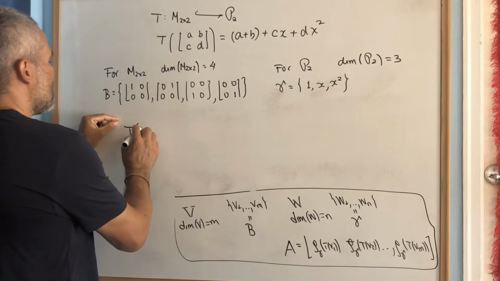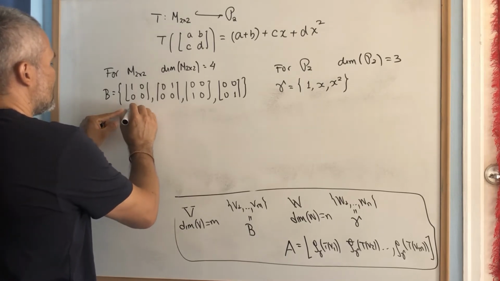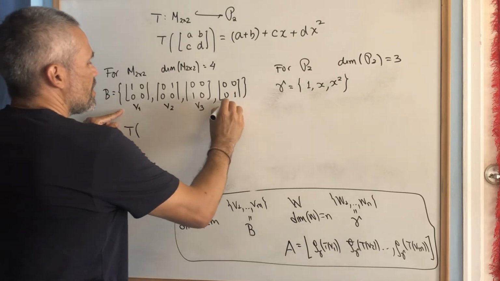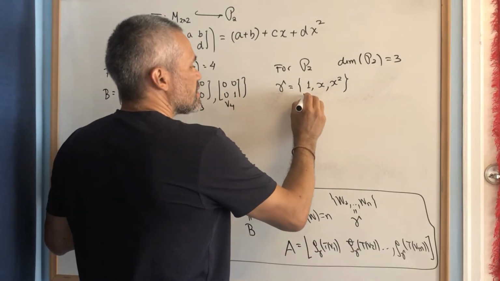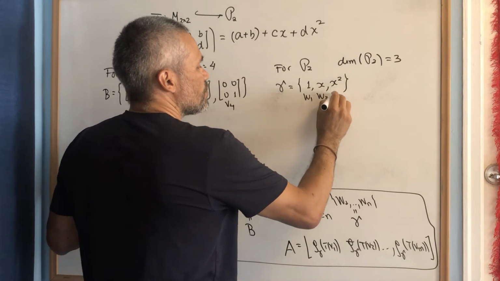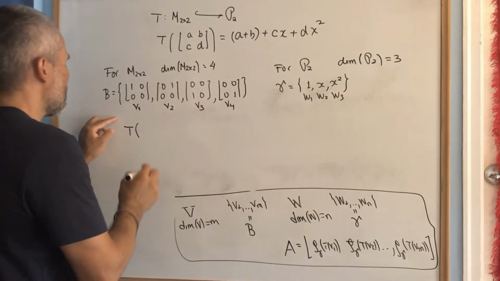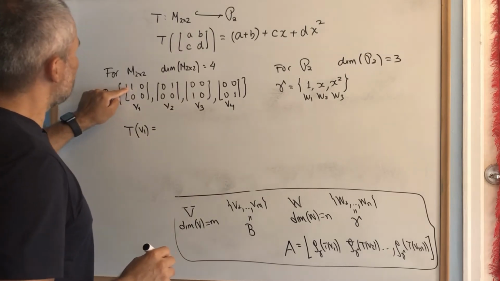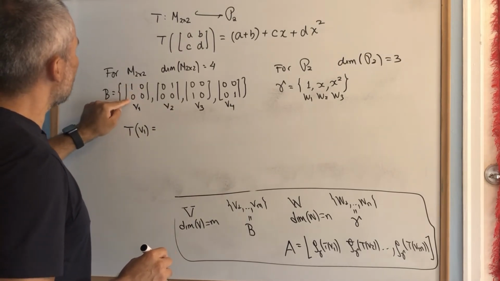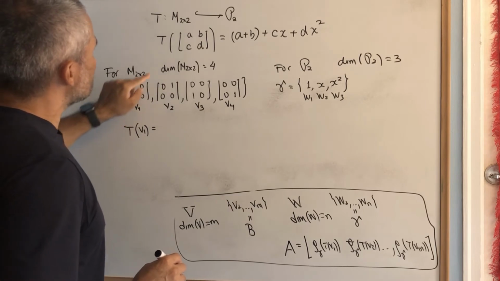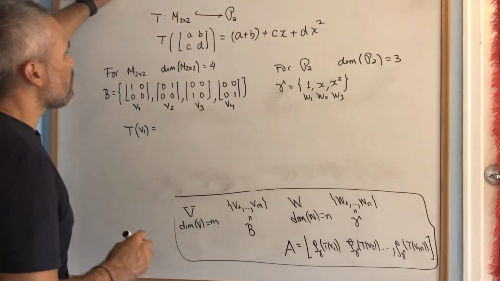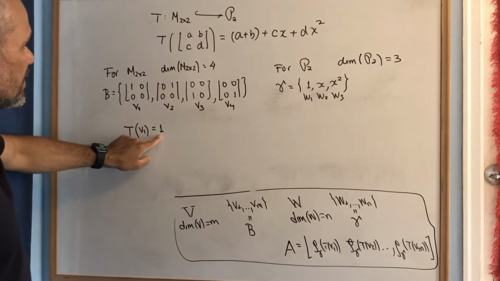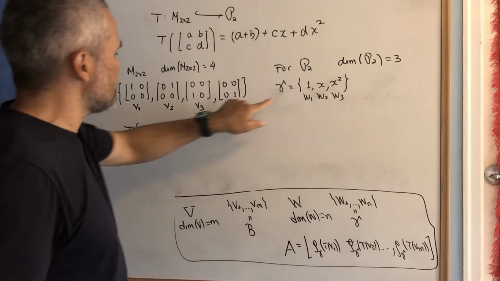Let's call these b1, b2, b3, b4, and these w1, w2, w3. Then I compute T of b1. To compute T of b1, I notice that a is 1, b is 0, c is 0, and d is 0. Then I get the polynomial 1, right? And what is the representation of this one?